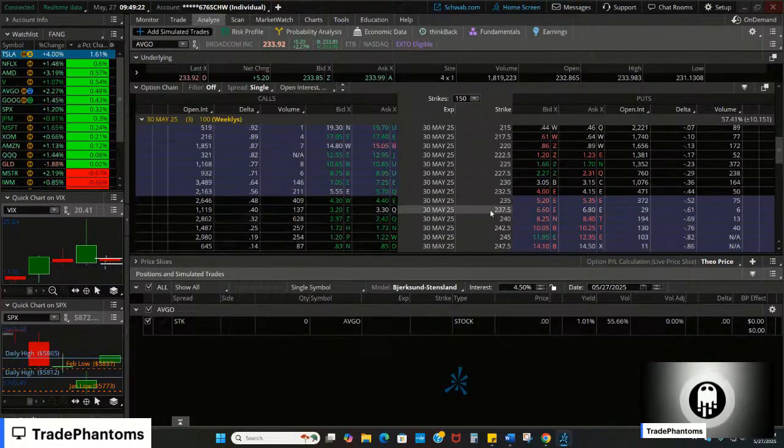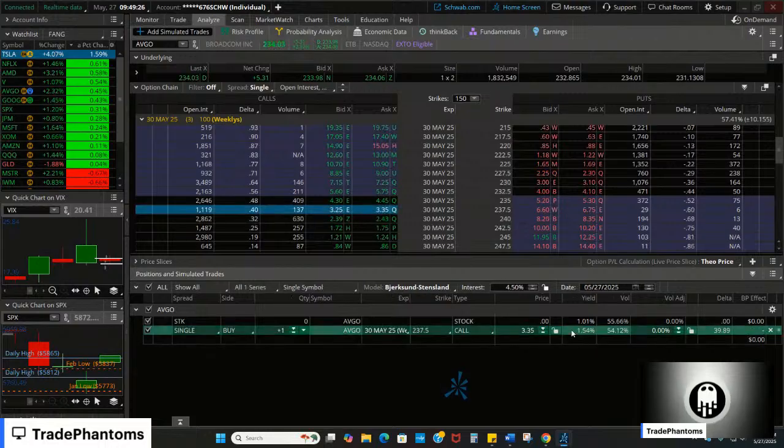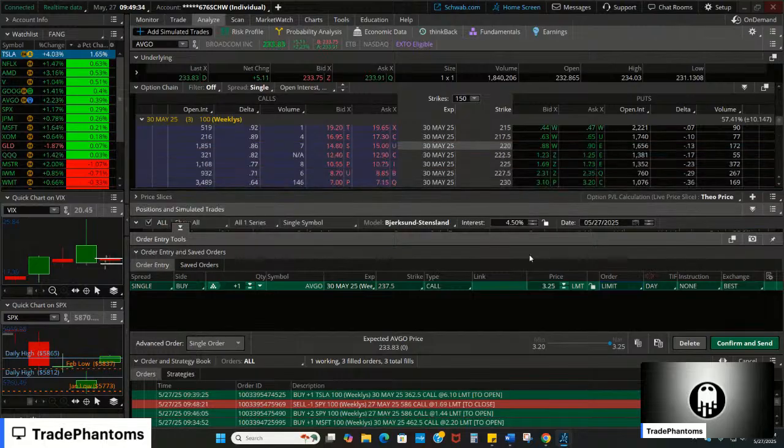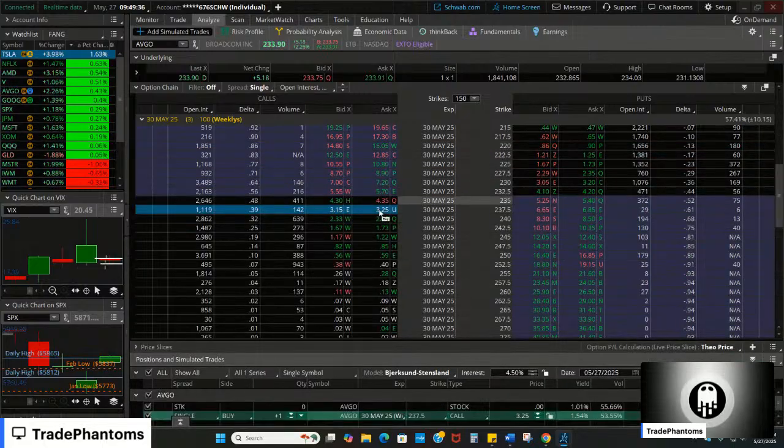You pick up the 237.5, 40 delta. It's going for about 3.35. It's a little late. You could potentially try to put a limit order in on this.